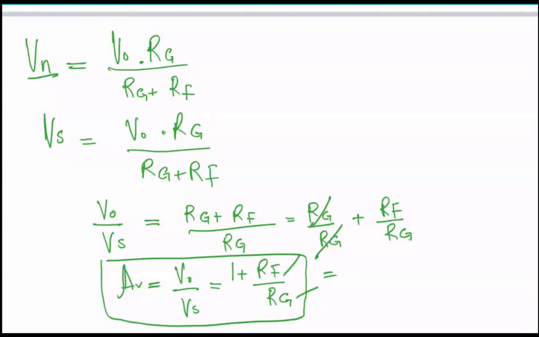If you want a value of 1,000, it might be a little tough to get exactly 2,000 or any even number because of the 1 right here. So approximately, say a gain of 1,000: if I choose RF 1K and RG 1 ohm, then 1 plus 1K over 1 ohm will be 1K, so you'll get 1001, correct? That would be your gain here.